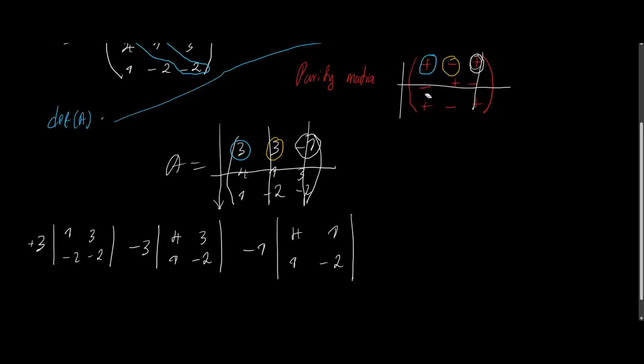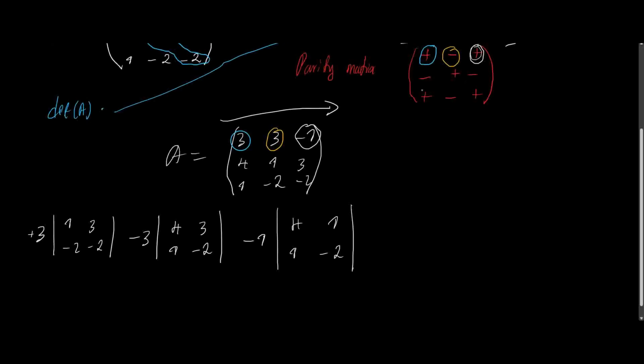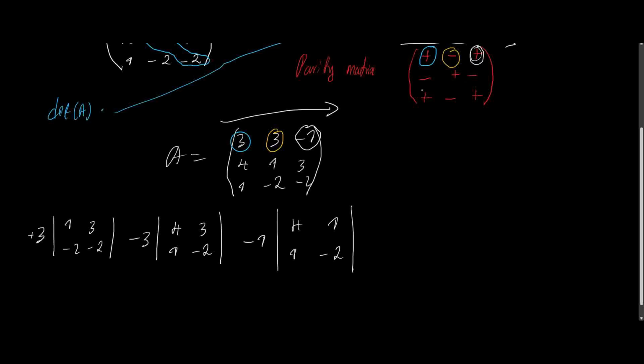So it's very flexible, you can do whatever you want, and at the end you should have the same result. But in this case, we've considered the parity horizontally, and that's what you should pay attention to. If you're considering the parity matrix horizontally, you should also consider the same rule for the matrix you're finding the determinant of. So this is a very, very important property to pay attention to. So yes, this is what we have.